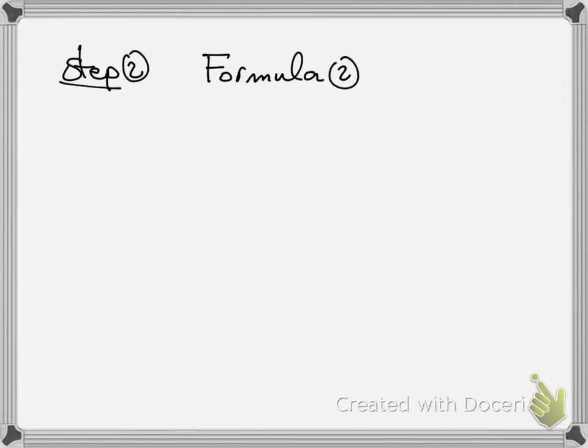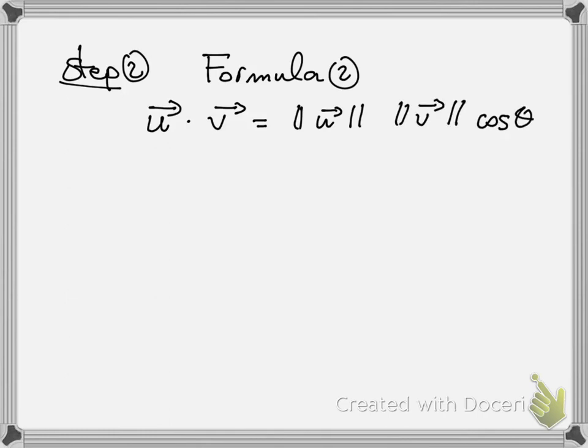Now I'm going to use formula number 2, so here's step 2. Remember formula 2 says u dot v is equal to the length of u times the length of v times the cosine of the angle between the two vectors.